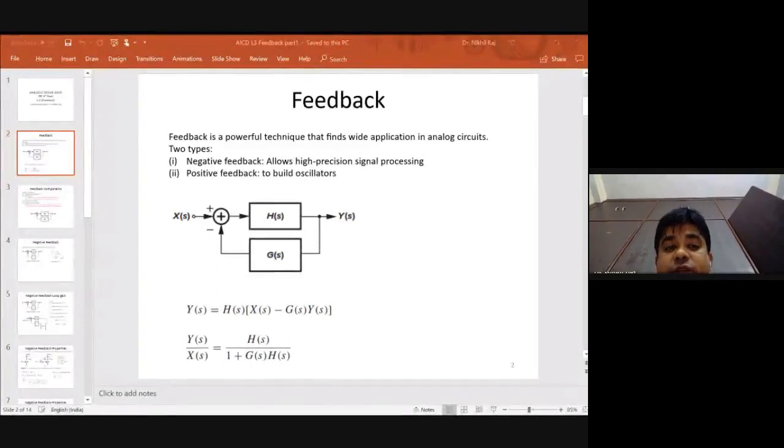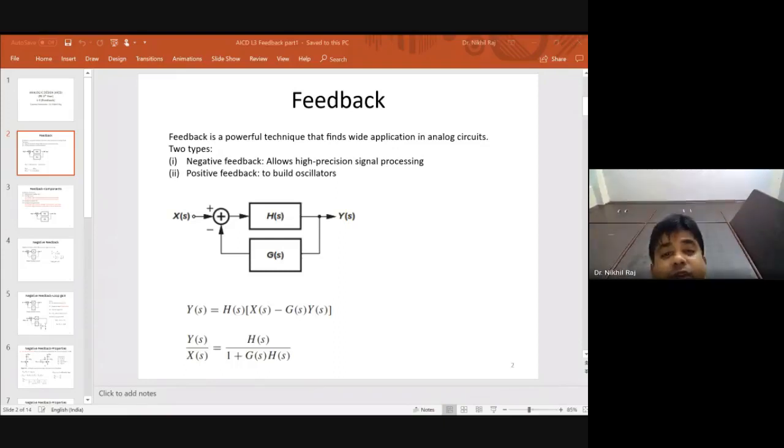Negative feedback allows high precision of signal processing, where precision is very important, like this much should be the gain only to amplify the signal. But where we need oscillations, where the amplitude is not important but we need oscillation, there we go for positive feedback. But for this course, we will go only for the negative feedback.